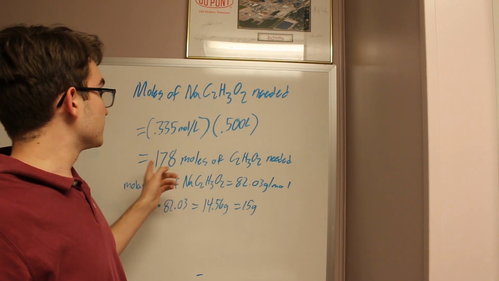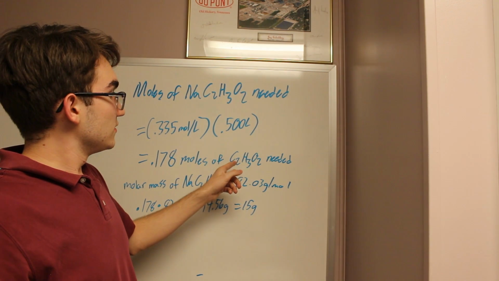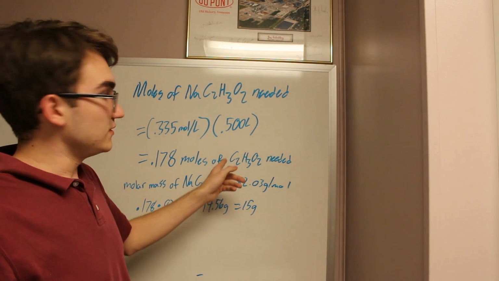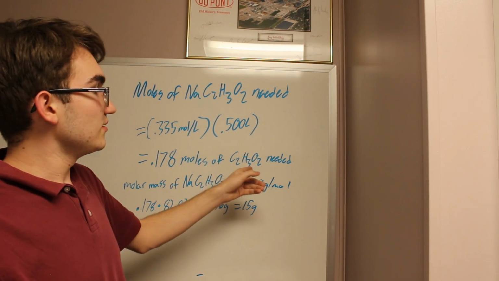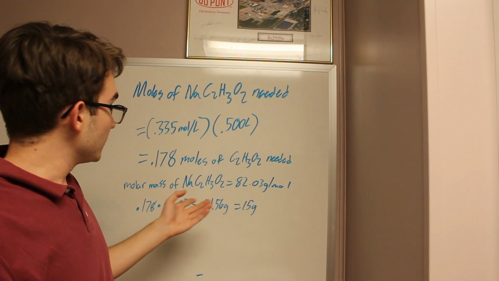And by multiplying those, we get 0.178 moles of NaC2H3O2 needed, which also means that 0.178 moles of acetate are needed, which is what we're looking for.